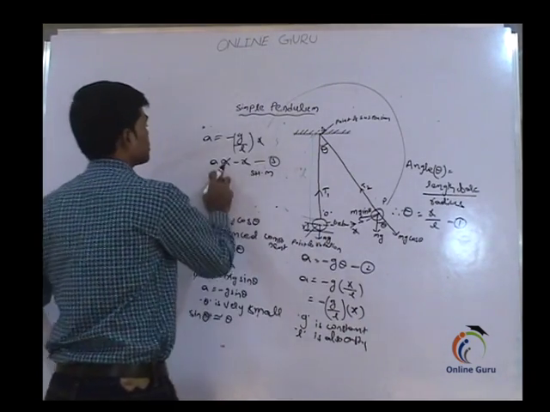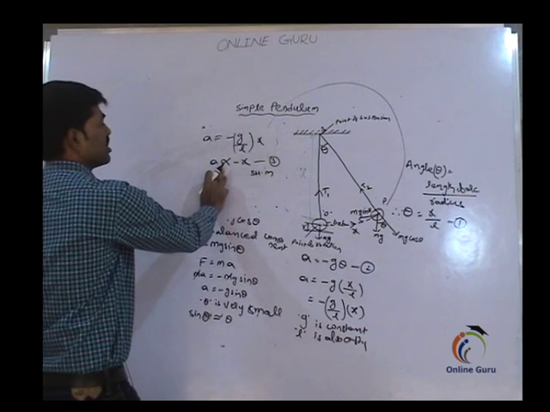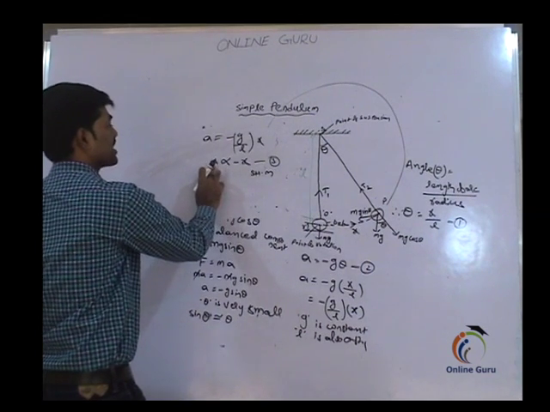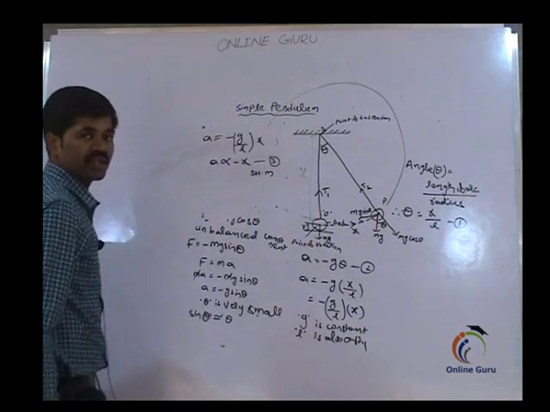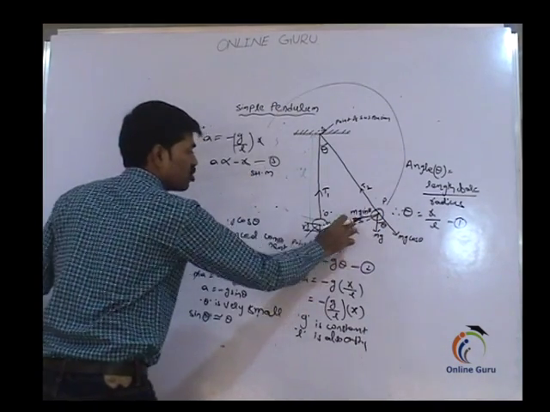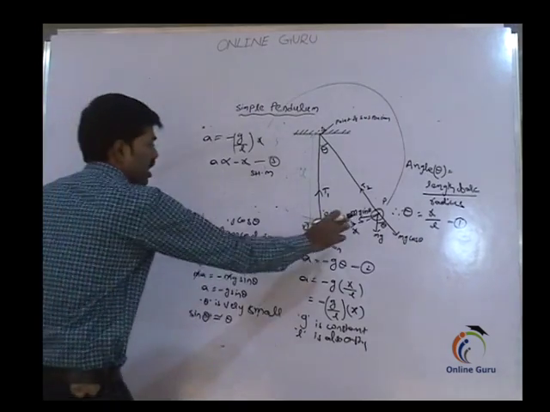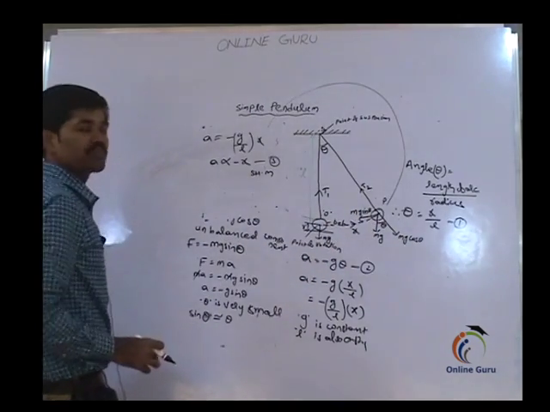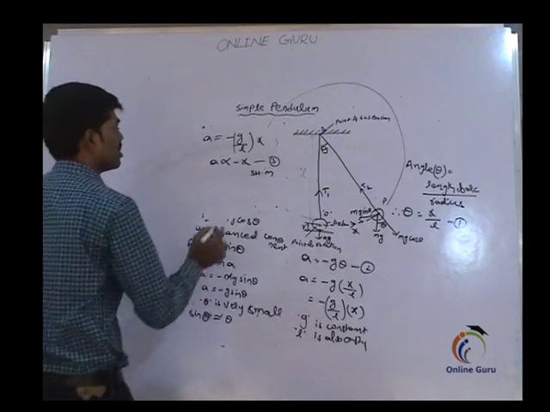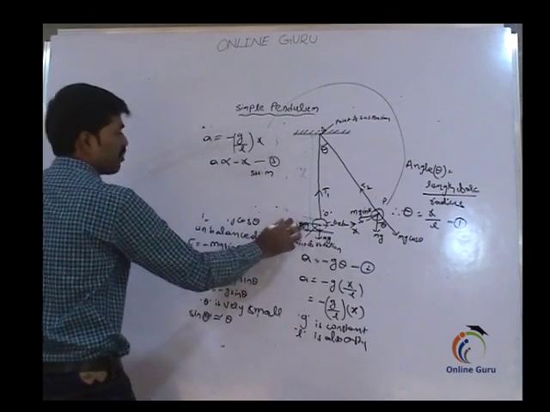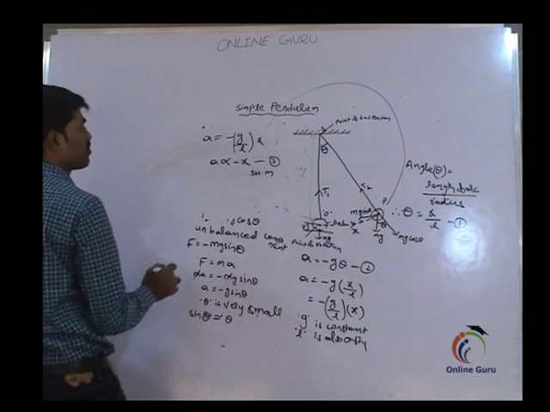Third, the acceleration at any point is directly proportional to displacement and opposite in direction. And the fourth one is that the acceleration is acting towards the mean position. Therefore, the pendulum is in SHM.